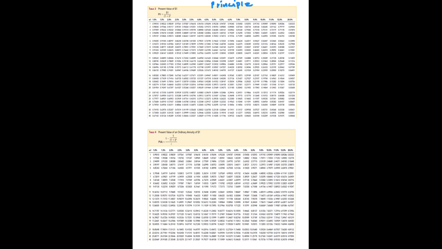And the market rate was 3.5. So the factor here for the principal will be 0.75941.